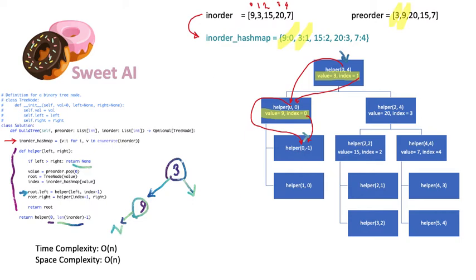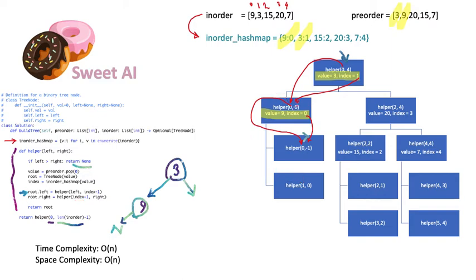For the next one, the same thing happens. This comes from here, but for the right side it's going to be index plus 1. Sorry, I made a mistake here, let me remove that.